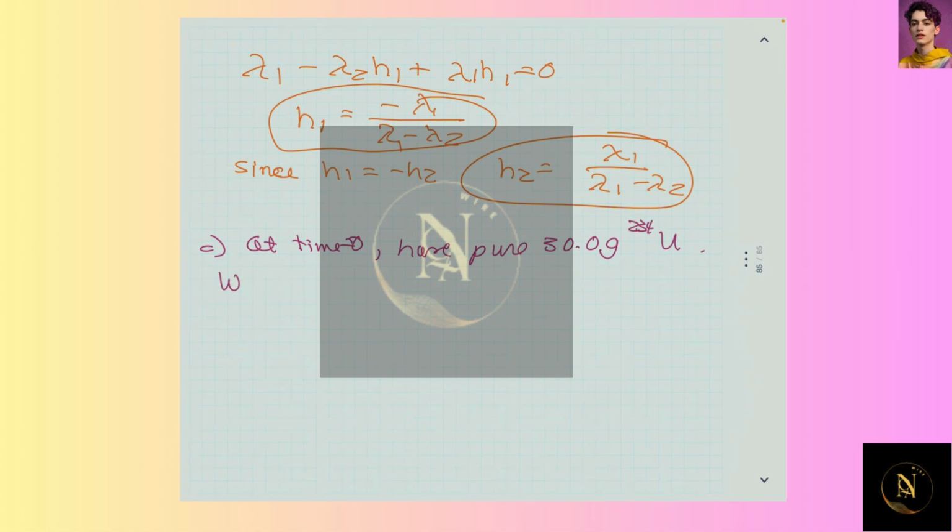What mass of thorium-230 at t equals 2.46 times 10 to the 5th years, which is the half-life for uranium-234 decay.